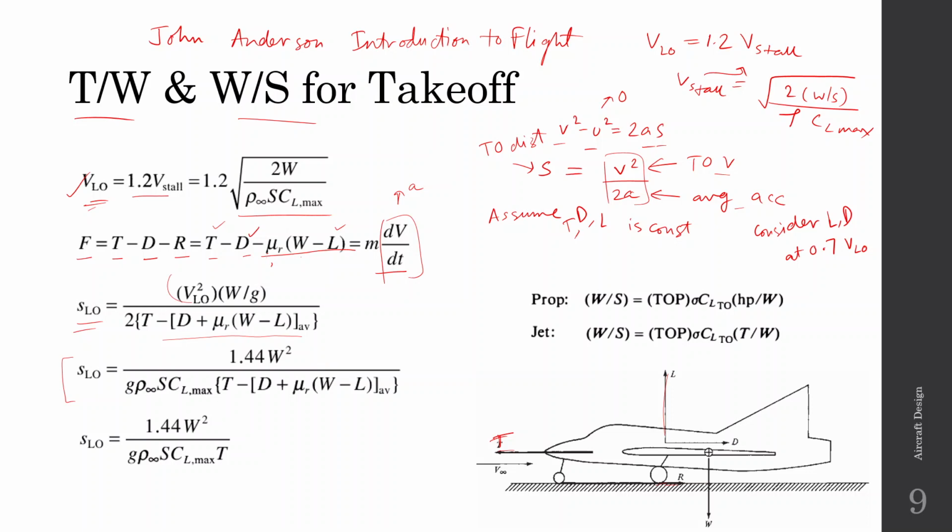You can assume that this portion is less than 10% of the thrust, so you can also ignore this part, to get this simple formula: S LO equal to 1.44 W squared by g rho S CL max T. So this is a simple formula to calculate the takeoff distance, and it is good enough for a first guess.